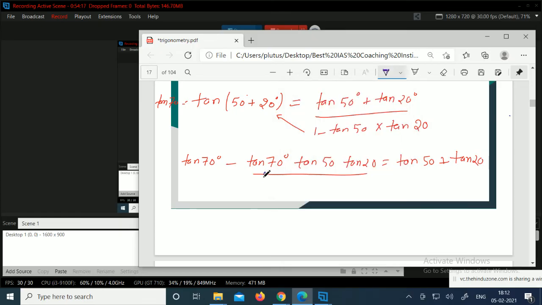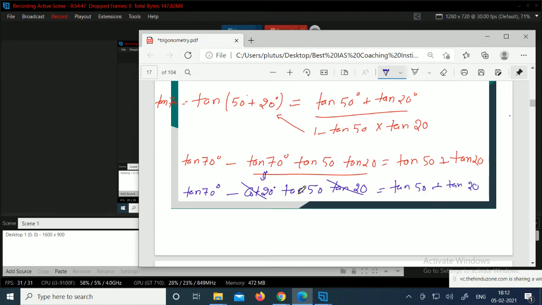Can I write this as minus cot 20? Sin 70 equal to cos 20, the 90 minus theta. Can I use this? Here is sin 50 and here is sin 20, so this gets cancelled. This side sin 50 plus sin 20.